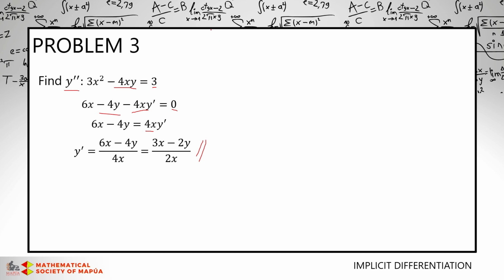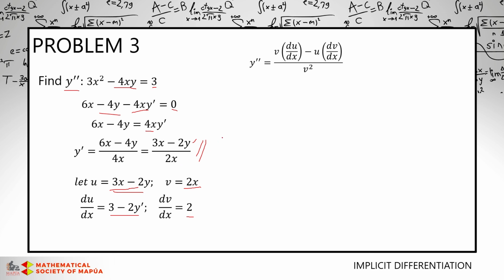Diba? So, we have here a quotient. So, we can use the quotient rule wherein ang u nyo would be the numerator and the v would be the denominator. Therefore, ang du would be 3 minus 2y prime, which is just the derivative of this, and dv would be the derivative of v, which is 2.